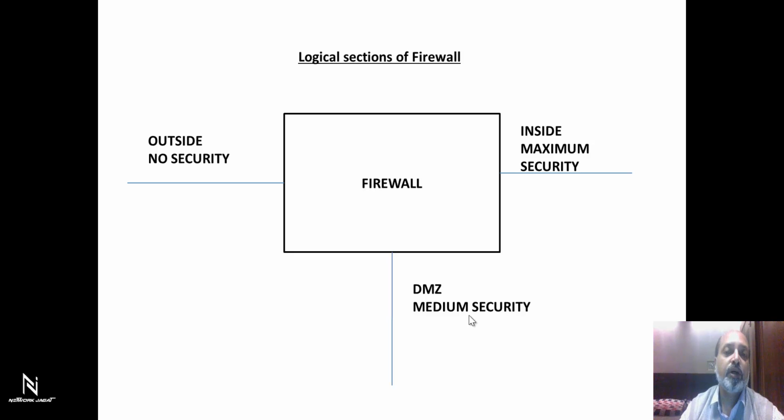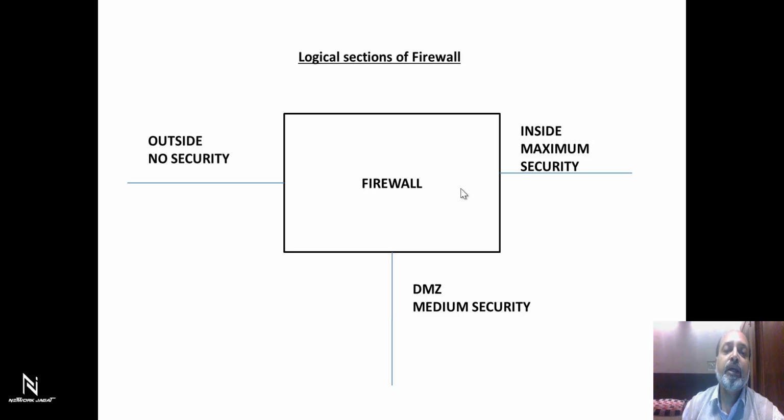To facilitate that, we provide specific sets of permissions, which we configure in the form of access control lists, so that such and such traffic is allowed to enter the inside, and no other traffic that does not match this criteria will be allowed into the inside zone, right?